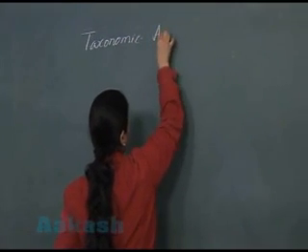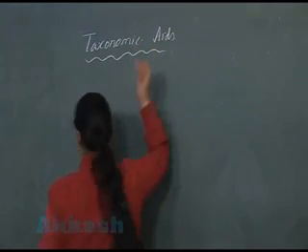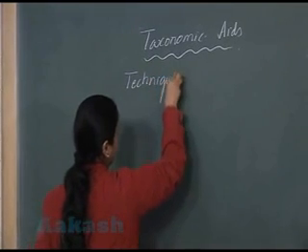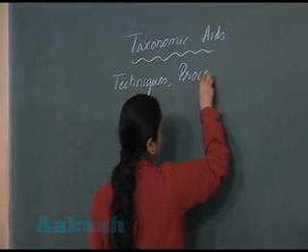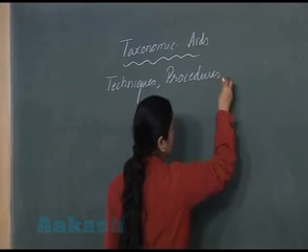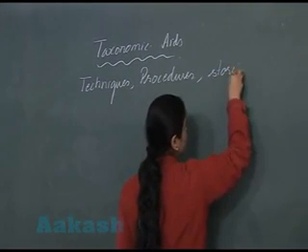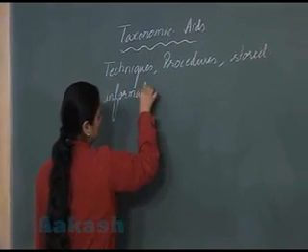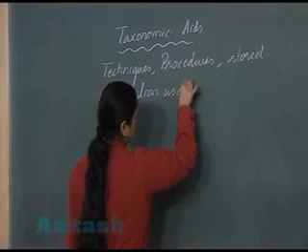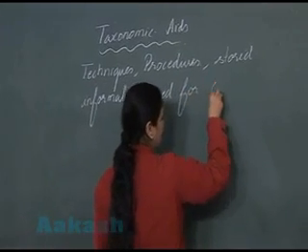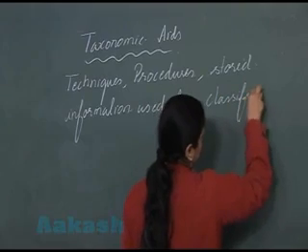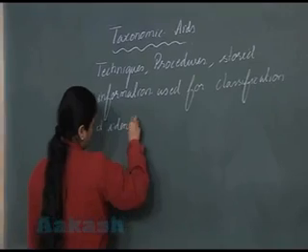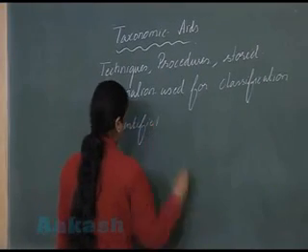Taxonomic aids: they are techniques, procedures as well as stored information used for classification and identification of organisms.